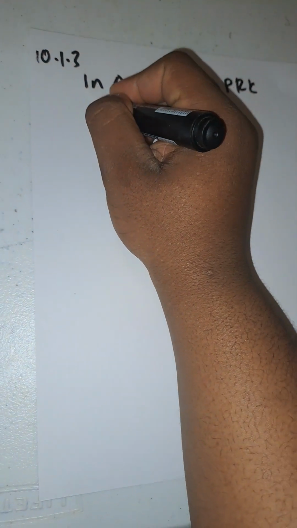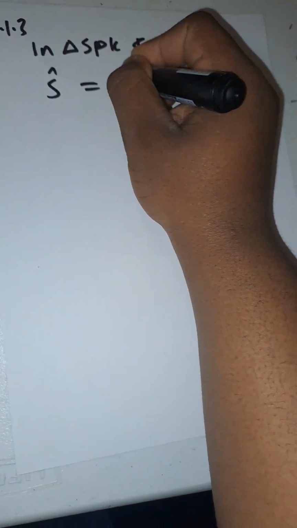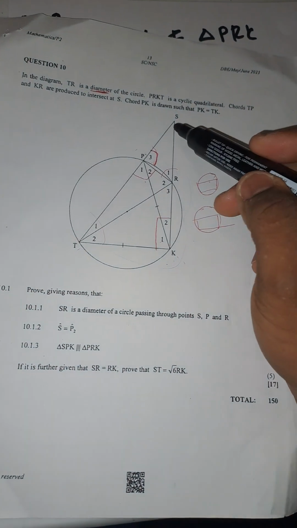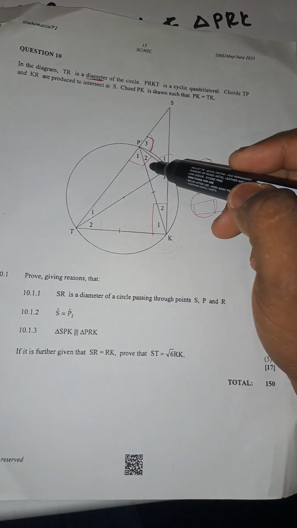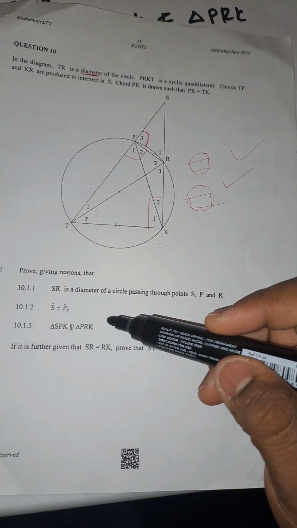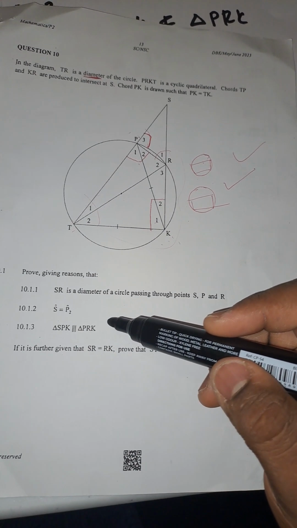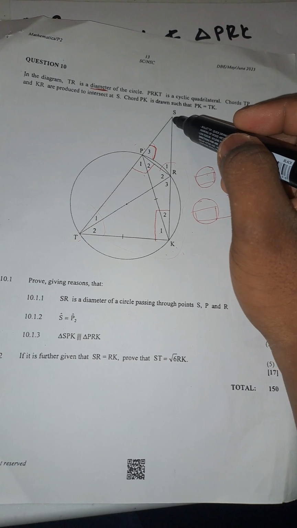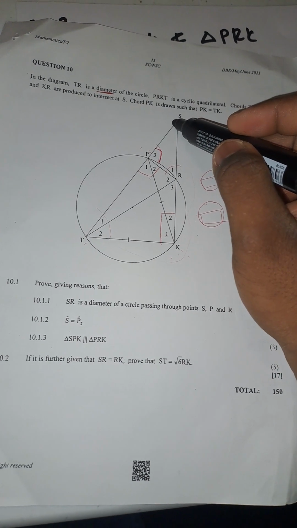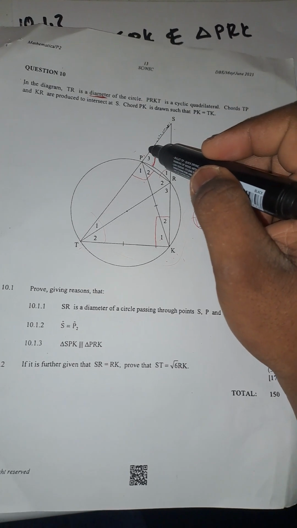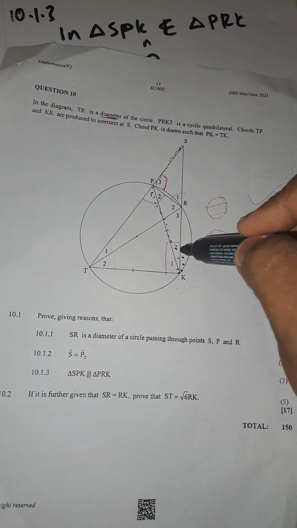So let me start. My S equals P2. Before I start, let me check whatever they are talking about. SPK is this triangle here.